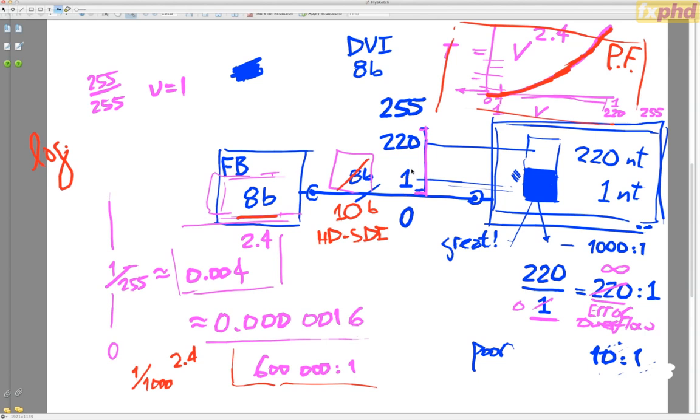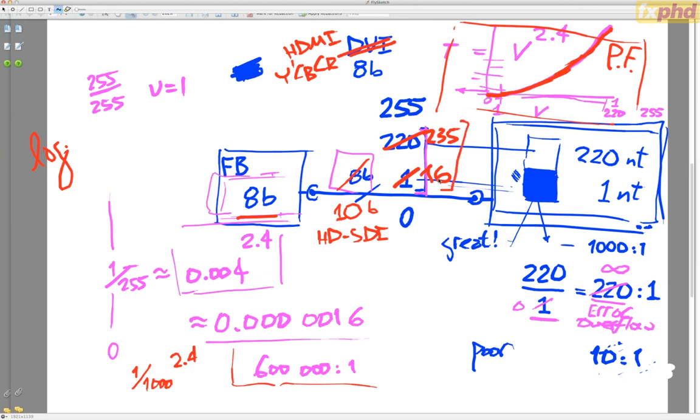Now, the other thing you have to keep in mind is that I showed you a DVI interface at first, but now if I strike that out and say HDMI, now we can have YCbCr numbers across the interface, where black will be coded at 16, white at 235.